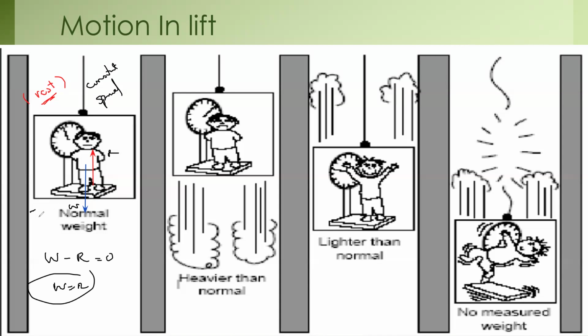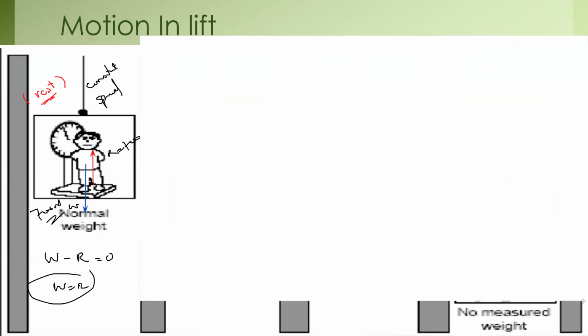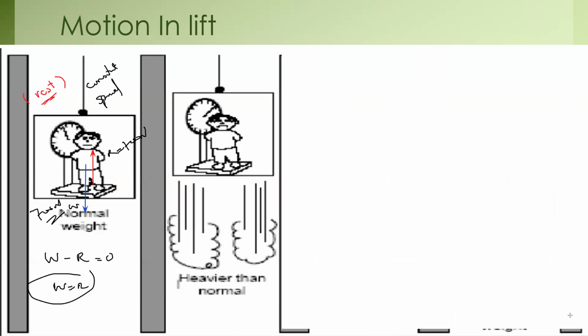So if the weight of the person is 700 Newton, the normal contact force is also 700 Newton, when the lift is stationary or moving at a constant speed. That's the first case. Is it clear, the first part? Yes.